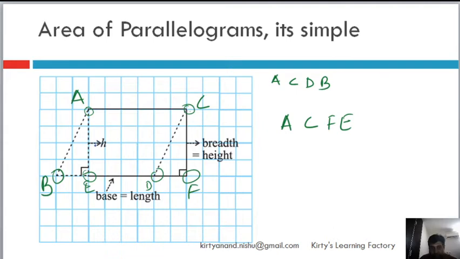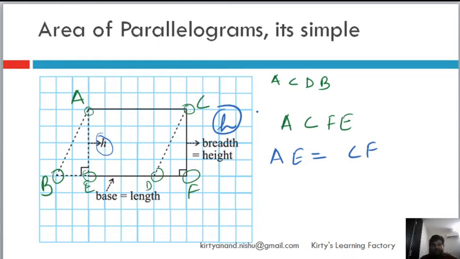Okay, and basically whatever I get as a height, this height here and this height here is going to be the same, right? This is because this is going to be a height from here. These are parallel lines, so the height is going to be the same everywhere, right? Therefore I can safely assume that AE is equal to CF. Correct? So this is H, this is also H.